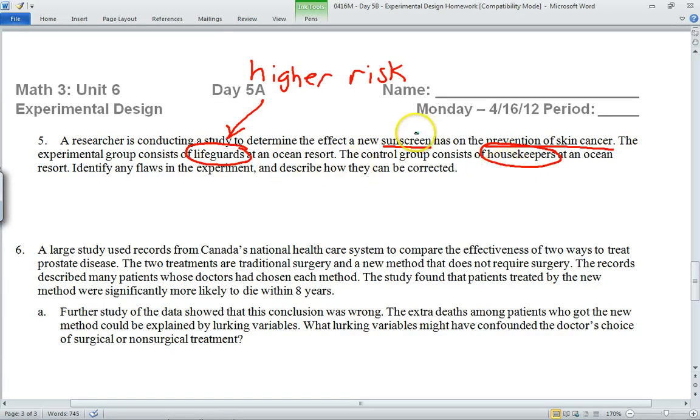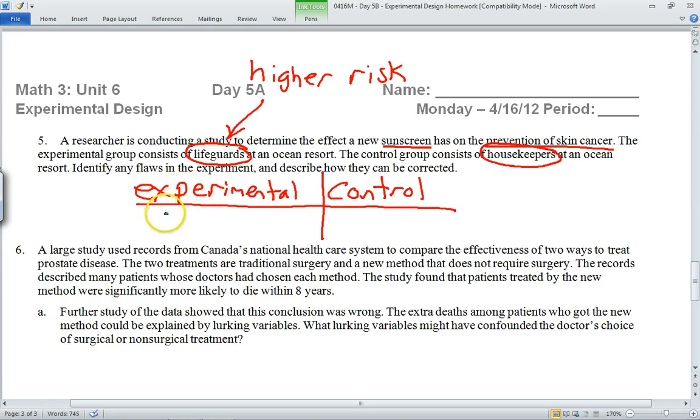It might even look like the sunscreen is giving people cancer. But obviously the difference wouldn't have anything to do with the sunscreen. It'd have to do with all the extra sun that the lifeguard gets versus the housekeepers. So again, the way you solve that problem is by your experimental group and your control group, okay, your two groups should be random.